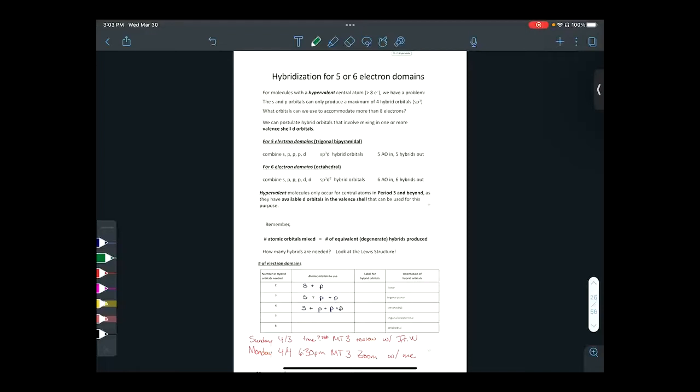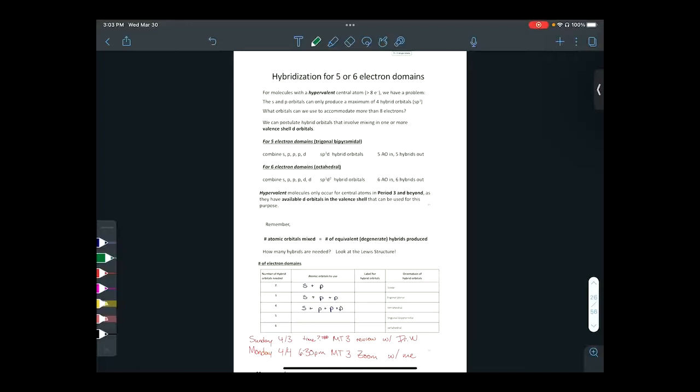Because if you recall from chapter 6, for a p orbital, the l quantum number equals what? l is the number of angular nodes, 1. So what are the possible orientations, or the ml values, for a p orbital? -1, 0, +1. So there are 3 different orientations for a p orbital. There are 3 different p orbitals.